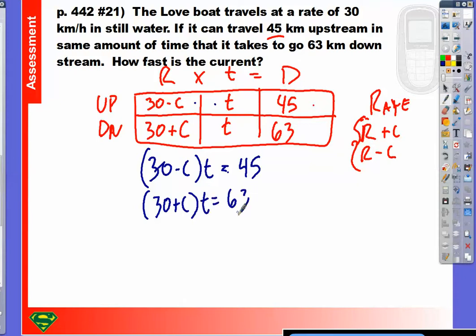Okay, what am I going to have to do with both equations so that I can go ahead and solve these things? Charlotte? Distribute. I'm going to have to multiply these things out. So go ahead and do that and get two simpler equations.